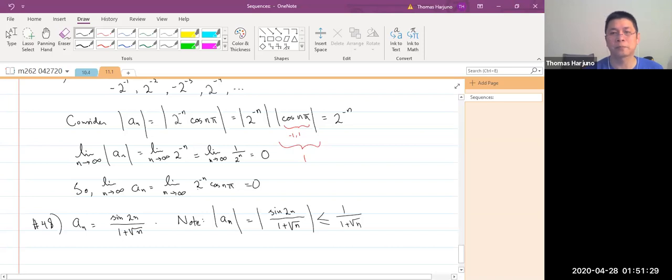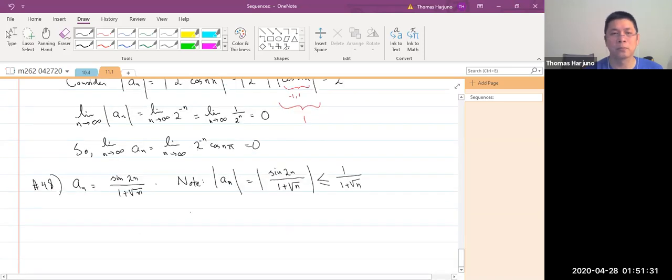So the limit as n goes to infinity of absolute a sub n is less than or equal to the limit as n goes to infinity of 1 over 1 plus square root of n, which is equal to 0.